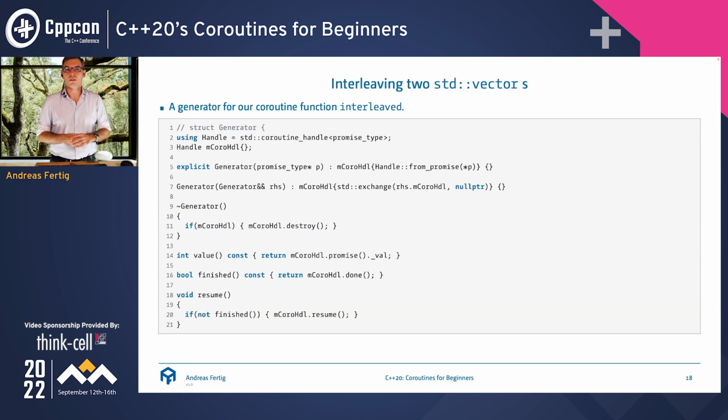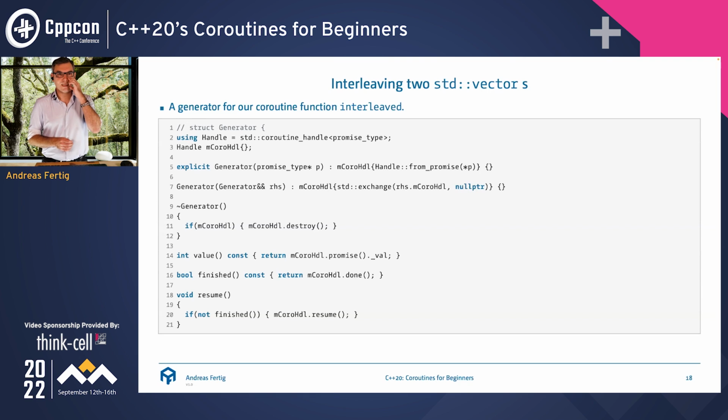I have a constructor which takes my promise type as a pointer and calls from_promise on my handle, getting the coroutine handle from the promise type. It's move only, as you can see in line number 7. It automatically, as I said, disables copy operations. And I'm maintaining that in line number 9 with the destructor, so that my coroutine gets destroyed once my generator object, my wrapper object, gets destroyed.